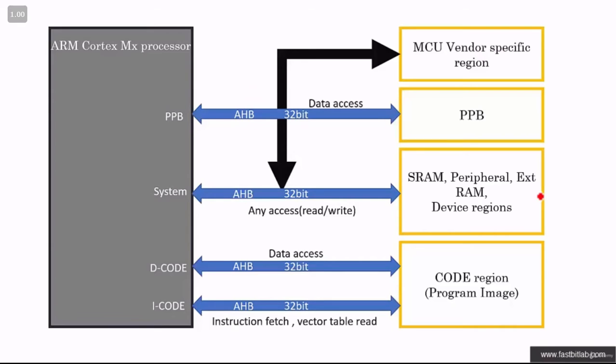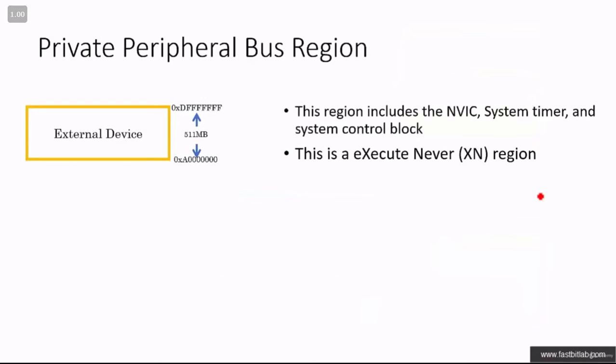After that, the processor also gives out one more AHB interface called PPB, that is Private Peripheral Bus, and through this bus, processor communicates with the private peripheral bus region. The private peripheral bus region includes most of the peripheral registers of the ARM Cortex-M processor, such as NVIC registers, SysTick timer registers, and system control block registers.